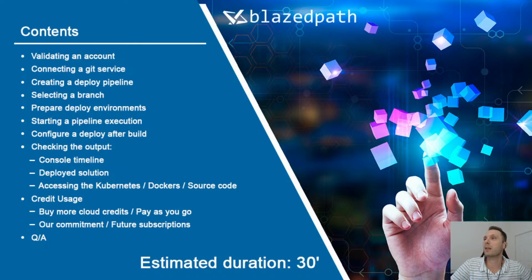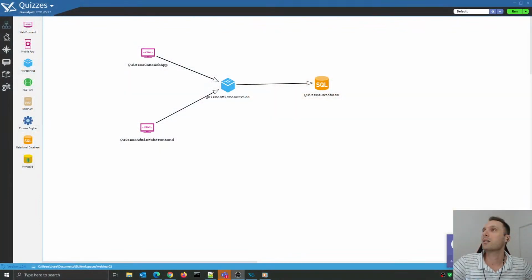The solution is one of the examples we have in our tutorials. It's a quizzes game. We have two portals, one for actually playing the game, and the other to admin, where you can add topics, and there are a couple of other features. For this example, let me quickly go over to the other screen.